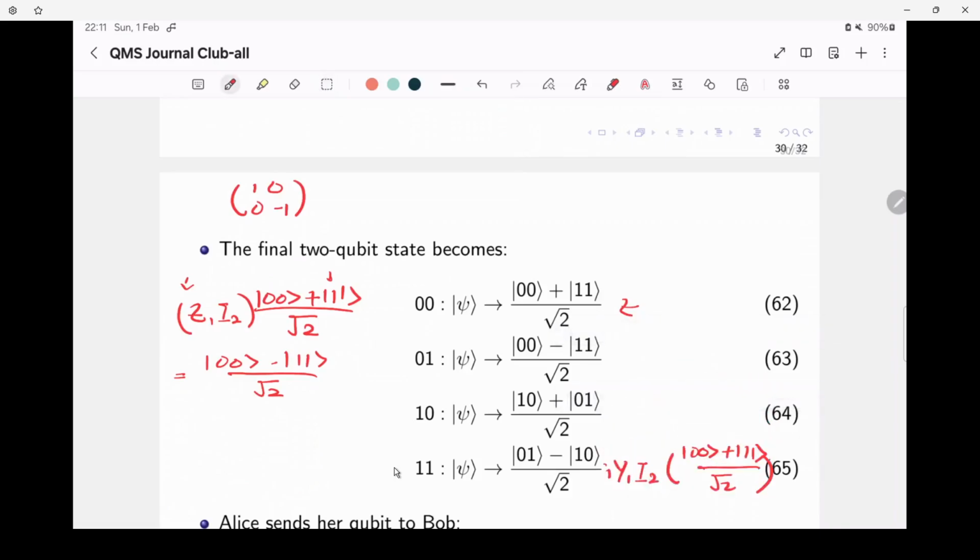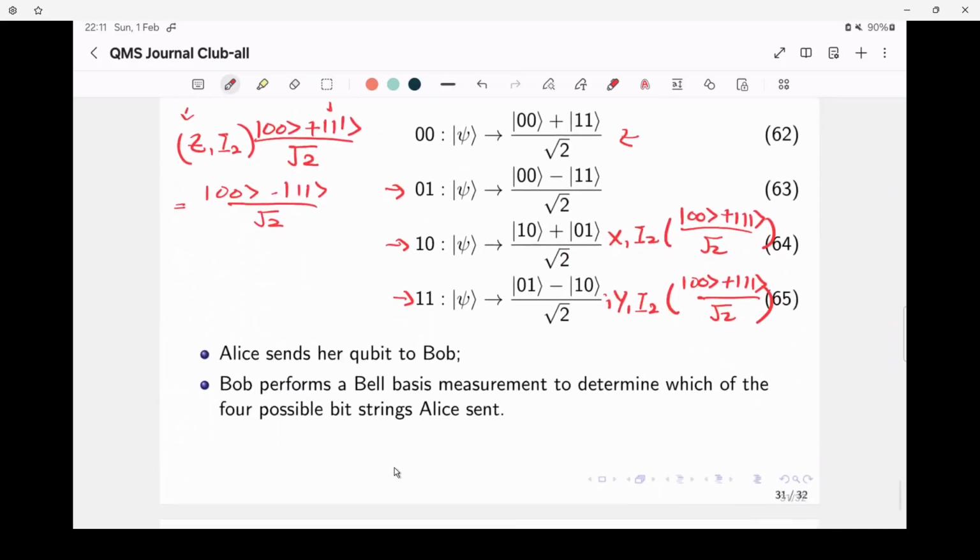This is X tensor I. You find that it goes back to all these states. After Alice performs whatever she wants, she then sends her qubit to Bob.